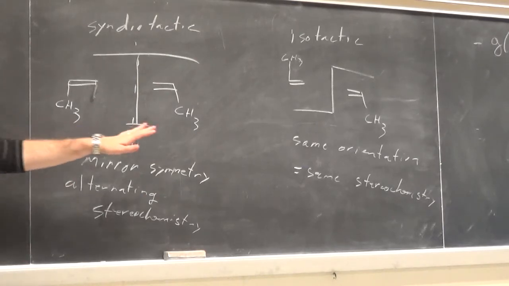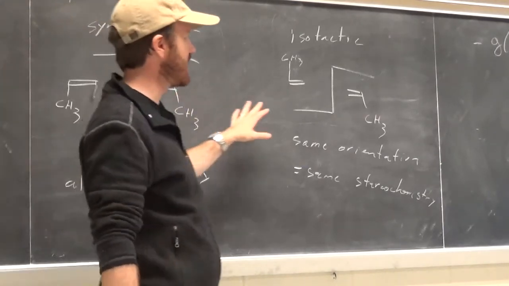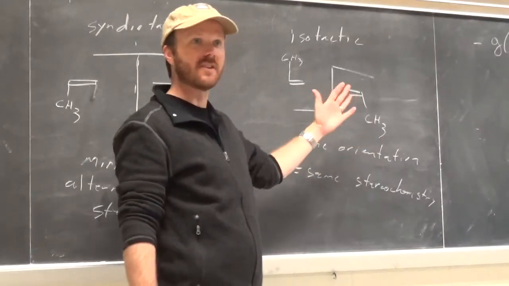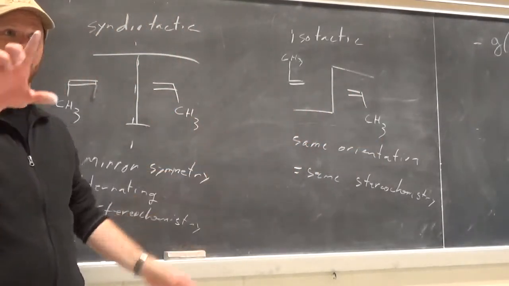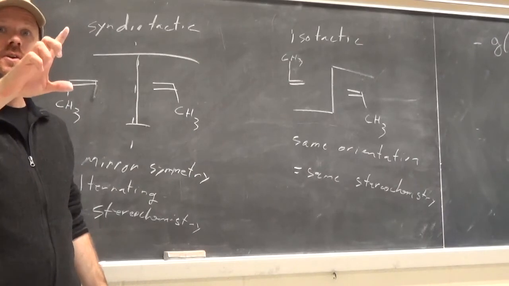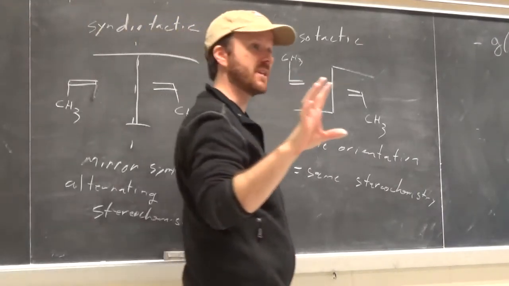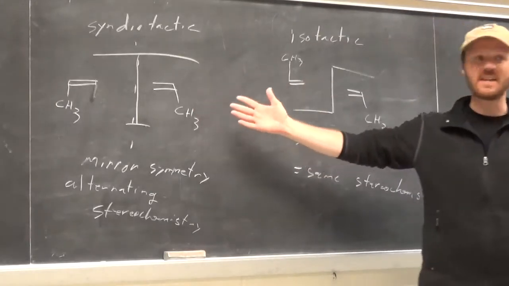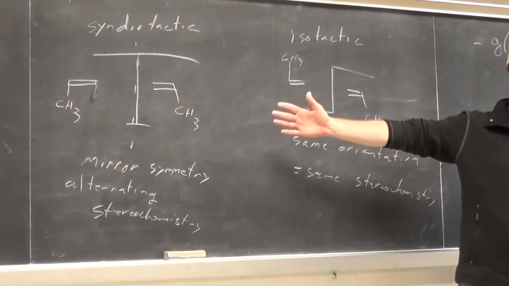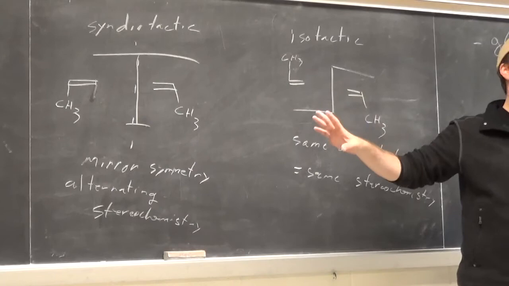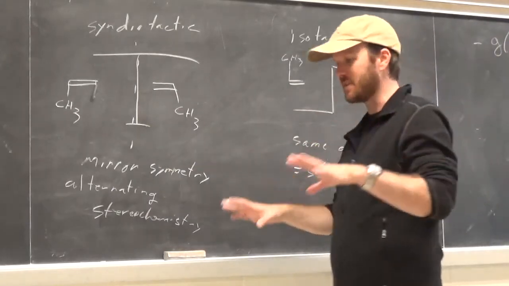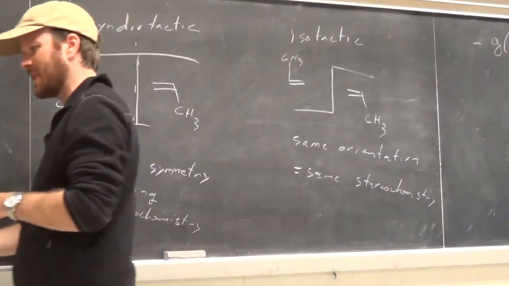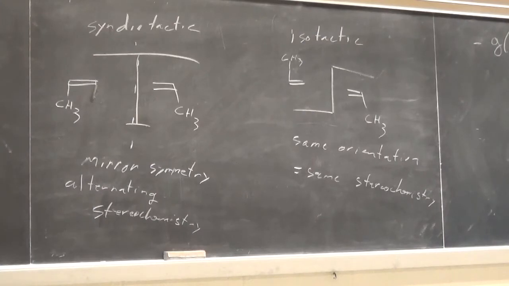So the important part of this is that you can design these metallocene catalysts. Ziegler-Natta can't do this, right? Because Ziegler-Natta has no control over how the orientation of the molecules come in. Ziegler-Natta catalysis can be used for isotactic polypropylene just based on getting exactly the right temperature and exactly the right catalyst, and it was the first way that isotactic polypropylene was made.